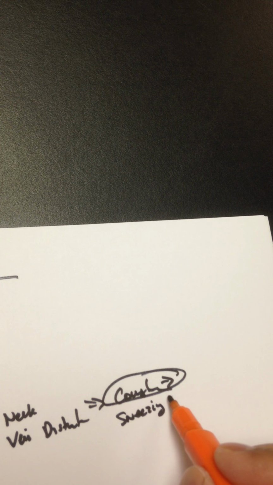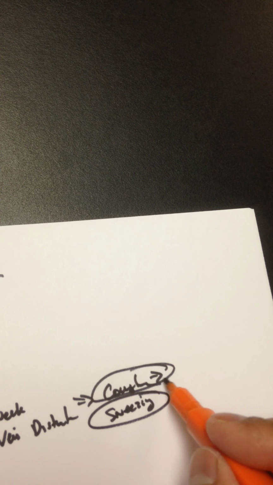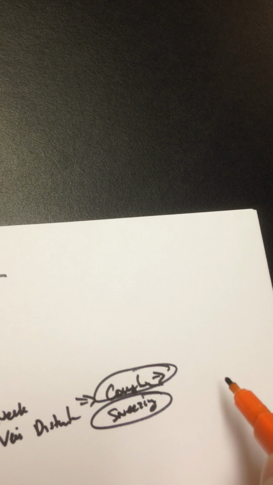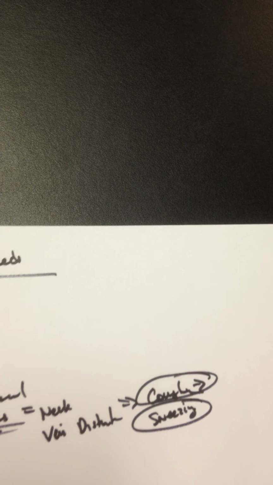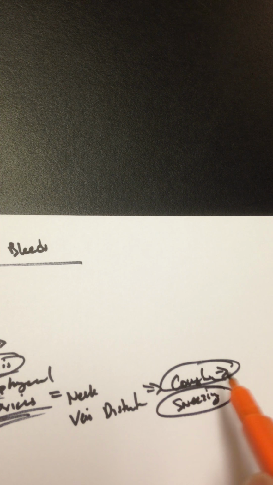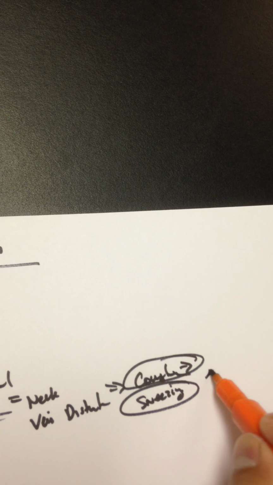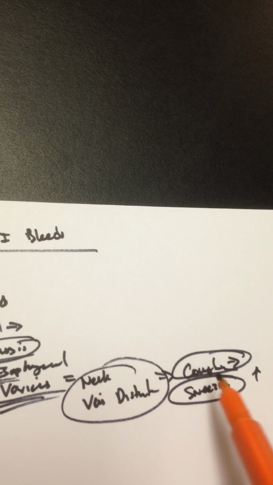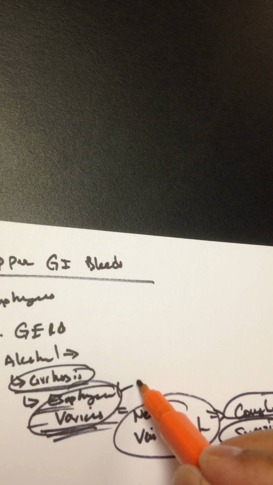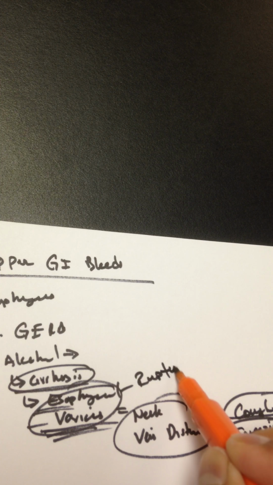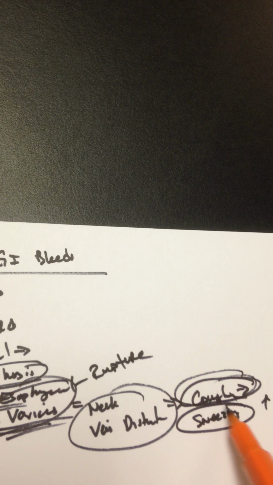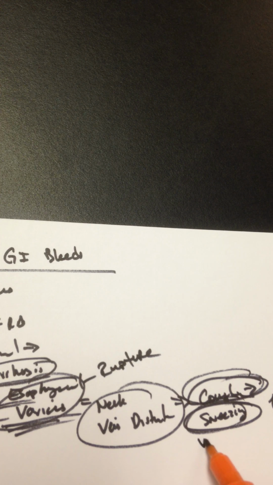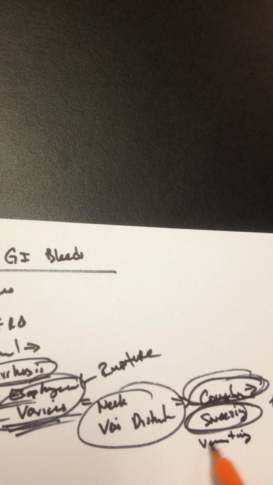Again, if there's any type of flu going on, you want to prevent sneezing. Why? If they cough and sneeze repetitively or excessively, it's going to increase pressure, and you do not want to increase pressure if they have neck vein distension or esophageal varices, because these varices can rupture, which is why you want to avoid coughing and sneezing or even vomiting, anything that's going to increase that pressure.